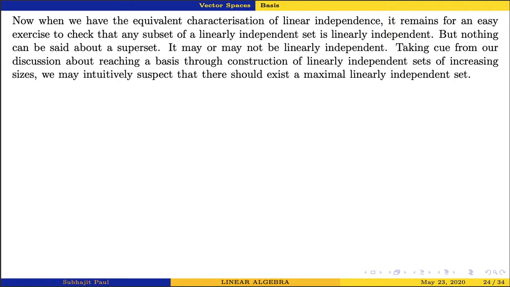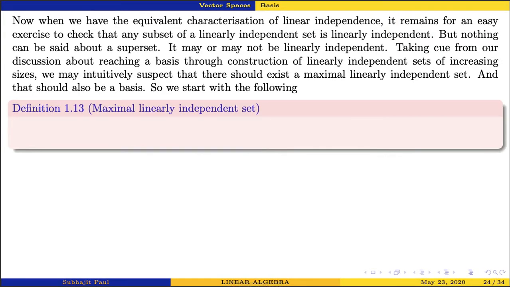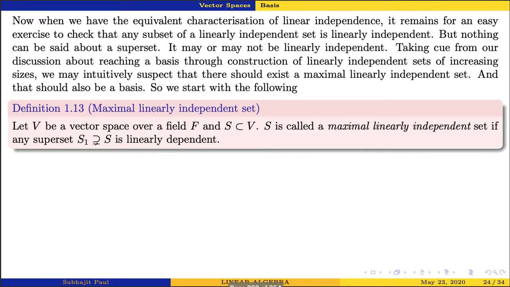So there should exist a maximal linearly independent set. This is a suspicion. And that maximal linearly independent set should also be a basis. So we investigate this suspicion, this intuition, formally.